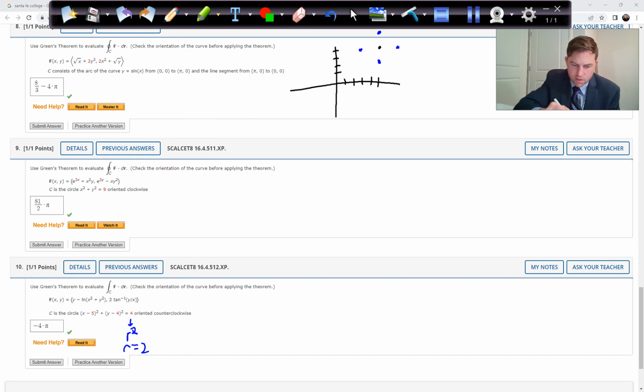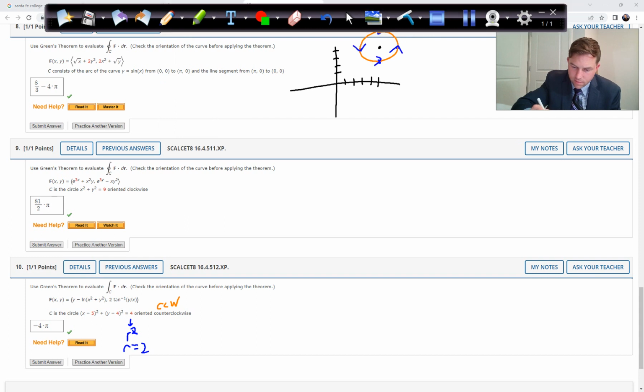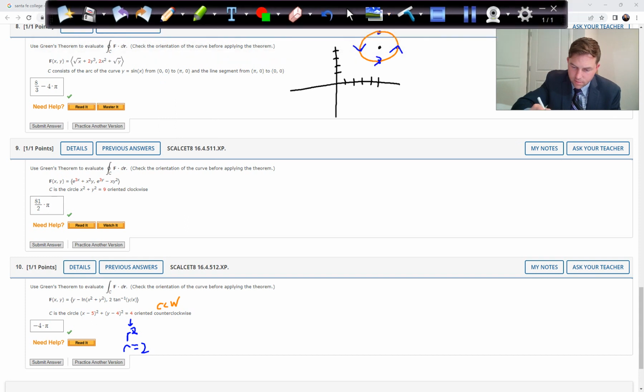So this is the circle. Another circle, and it says oriented counterclockwise. So this one is going this way. Counterclockwise. So our double integral will be positive.